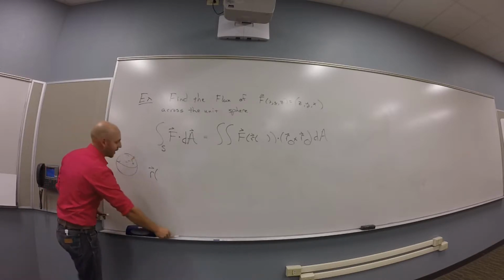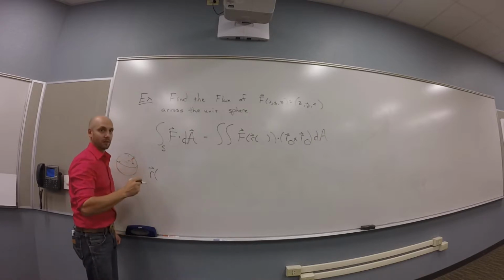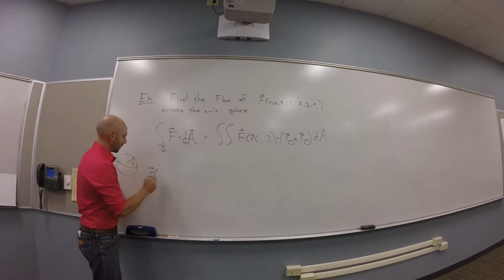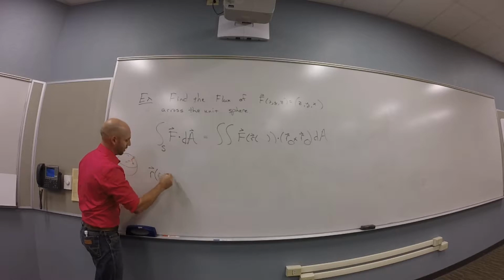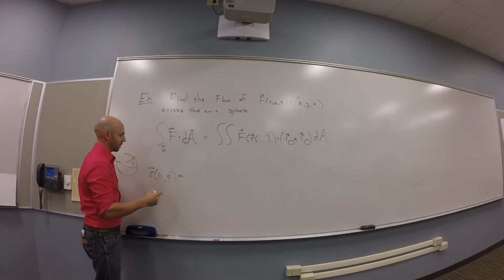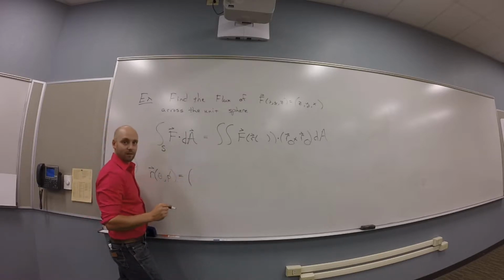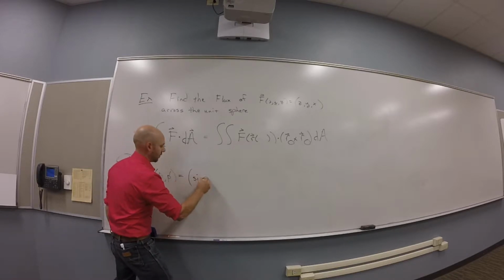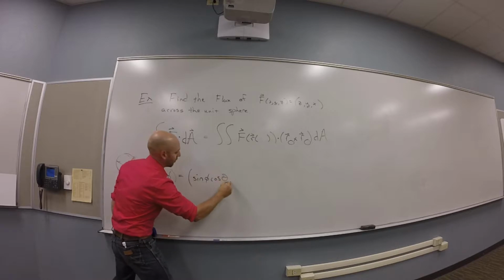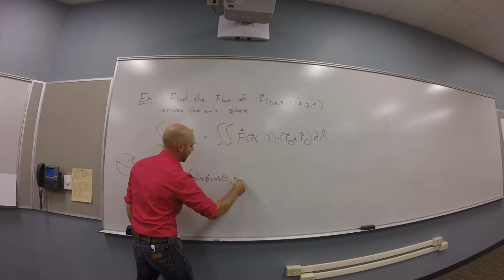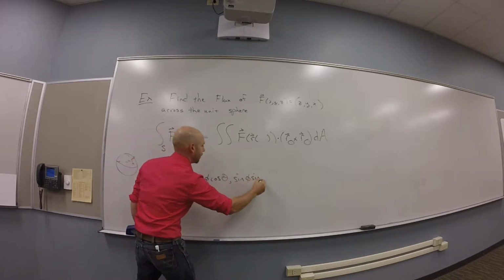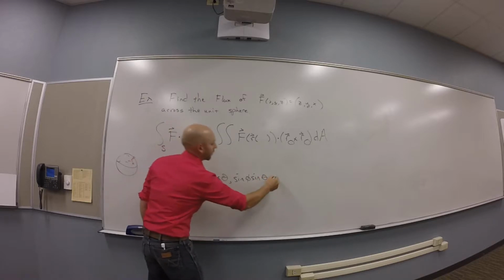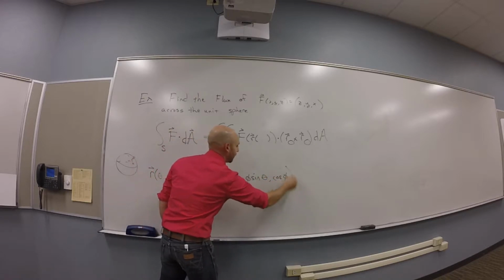So I'm going to write down the spherical parameterization, r of theta and phi, and you guys are telling me that's sine phi cosine theta, comma, sine phi sine theta, comma, cosine phi.